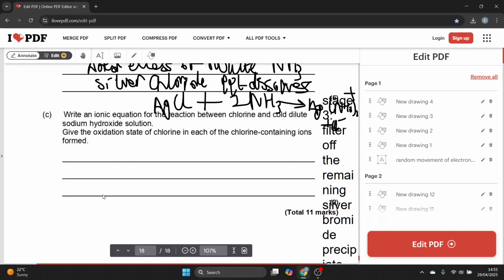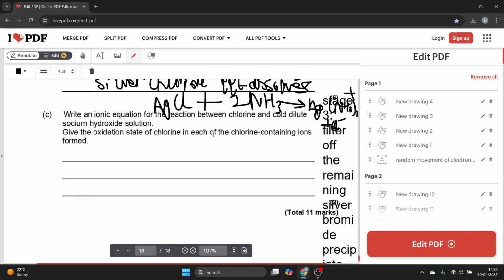And there we go. And then the final part: write the ionic equation for the reaction between chlorine and cold dilute aqueous sodium hydroxide. Now a lot of students, including myself, would just jump straight into this question, thinking Cl2 plus 2NaOH, recalling the equation from memory, NaCl plus NaClO plus H2O.